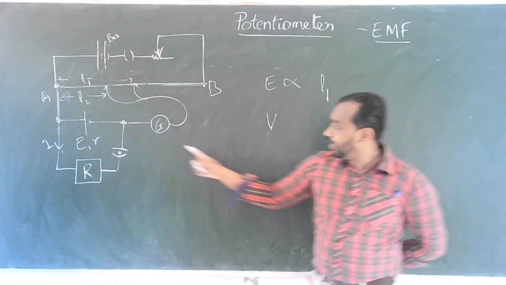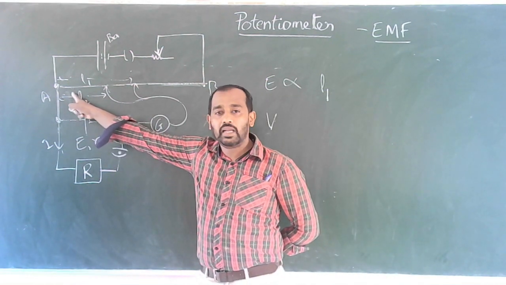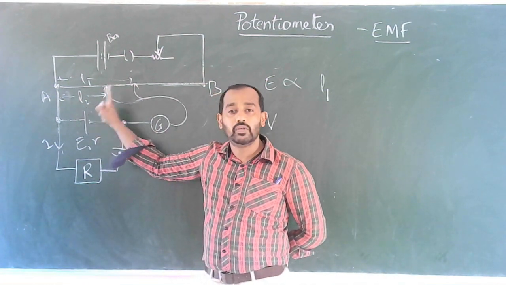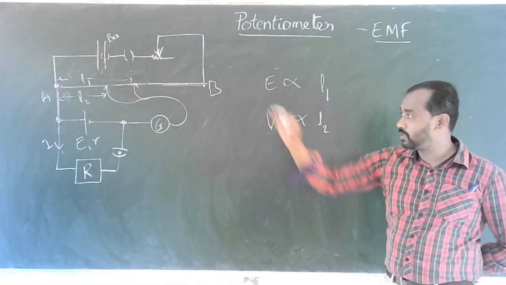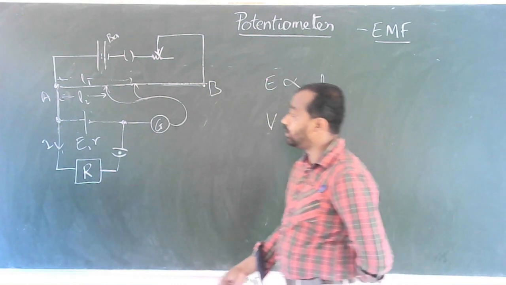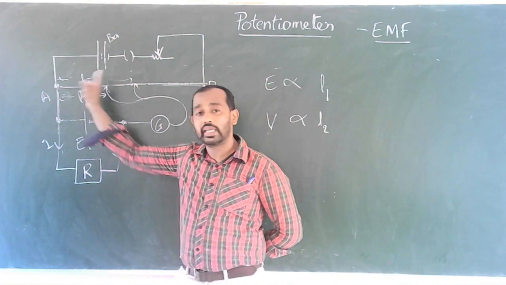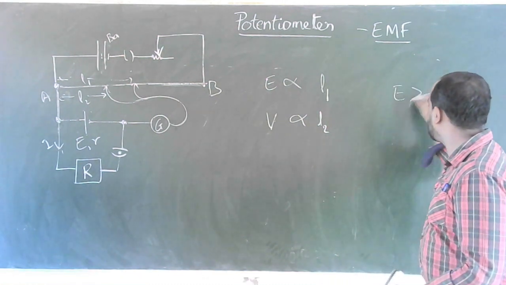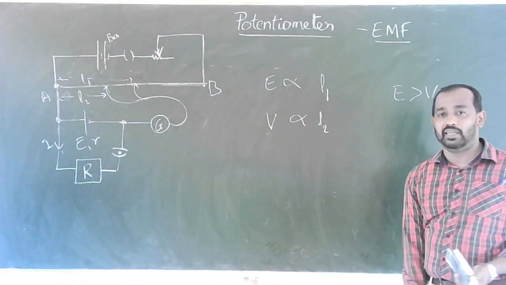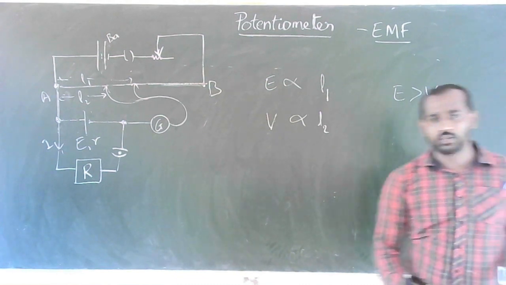Now this terminal potential difference is directly proportional to the length L2. That's why you can observe on the diagram, I have drawn this length L2 smaller than L1. Why? We know the reason. EMF is always greater than the terminal potential difference. We have seen that in the previous classes.